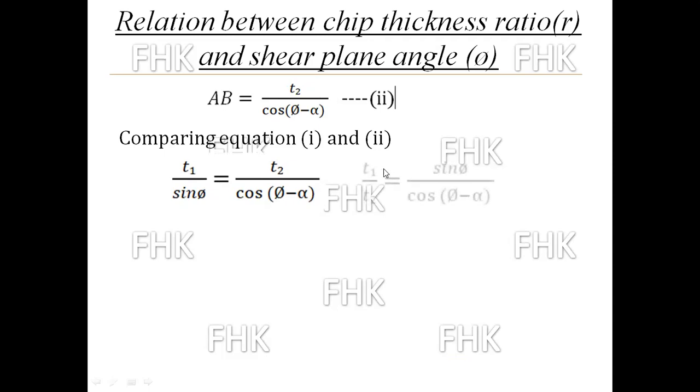It becomes t1 divided by t2 is equal to sin φ divided by cos(φ − α). I know the value of t1 divided by t2. What is t1 divided by t2? That is the chip thickness ratio r.